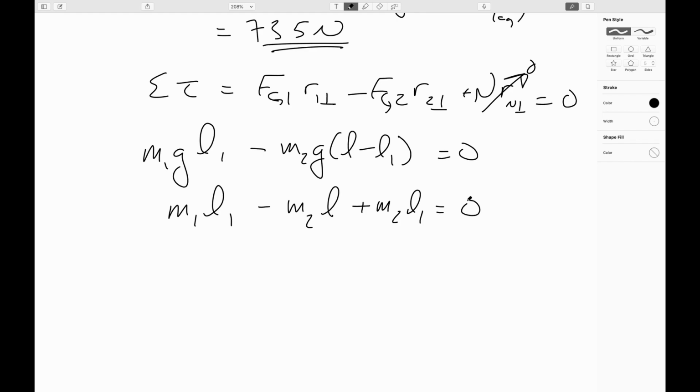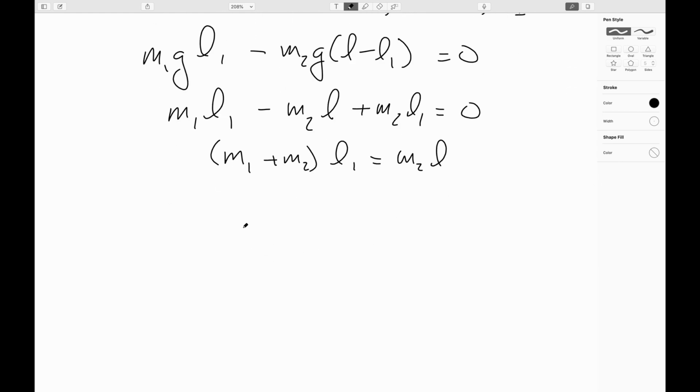All right, so we'll gather our knowns. So we'll have m1 plus m2 times L1 equals m2 L. And then finally, L1 equals m2 over m1 plus m2 times L.